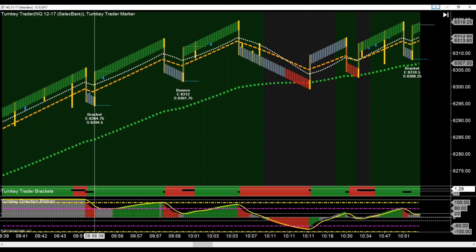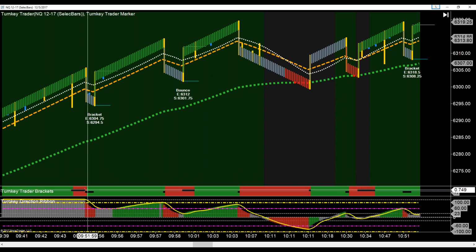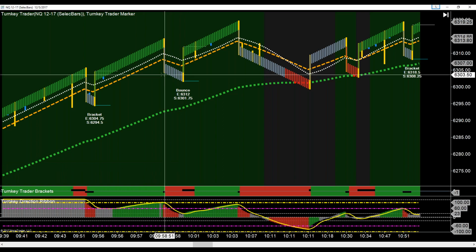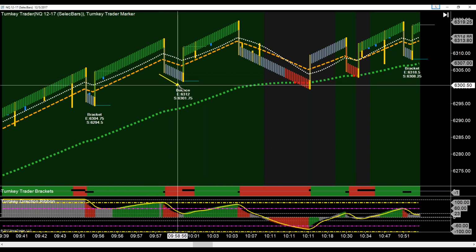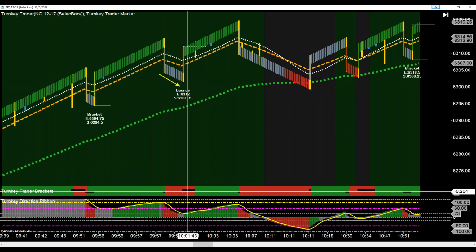There will be a few edge cases where we won't know until the bar closes due to the way the bracket updates, in which case we can attempt a retracement. The main difference from the bounce is that they usually reverse a little bit longer. These ones aren't too long, which causes the bracket to stay red for longer, which is fine because for the bounce, we don't care about the bracket.